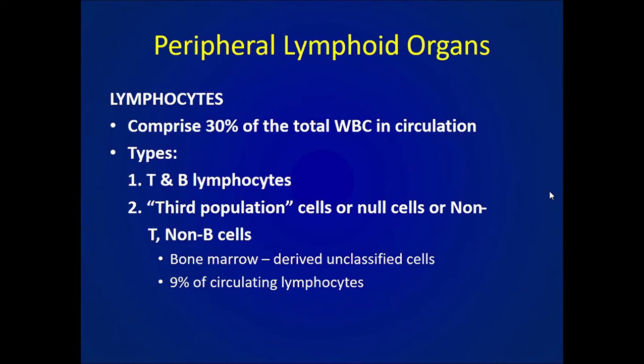They usually represent 9% of the circulating lymphocytes. By the way, in terms of size, we have the small and the large lymphocytes. But in terms of function, we have the T and the B lymphocytes. B cells give rise to the production of antibodies, while T cells do the cell-mediated reactions.